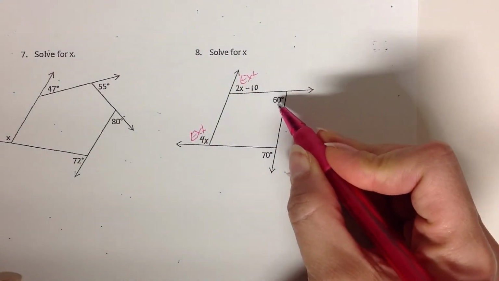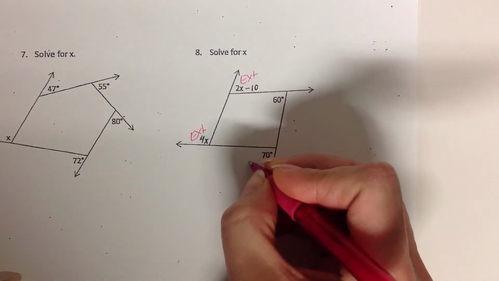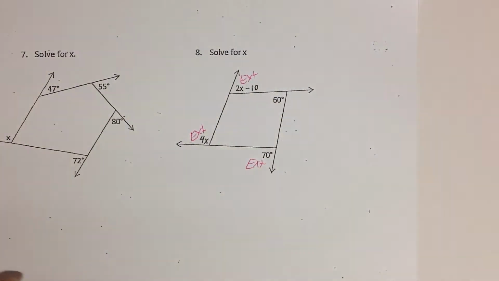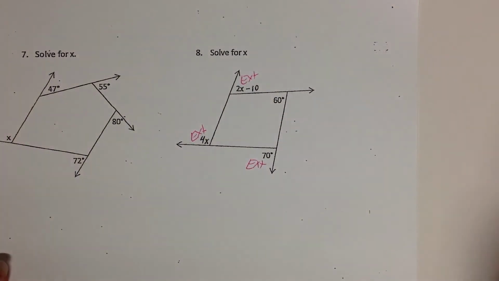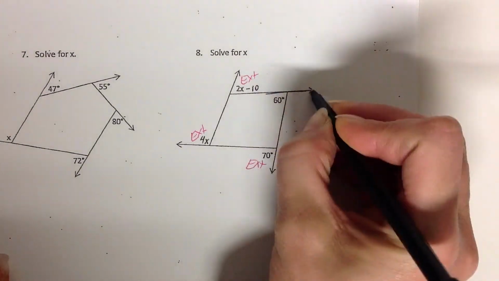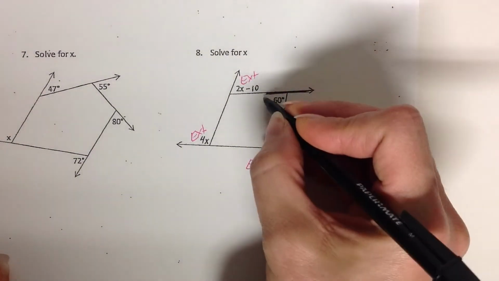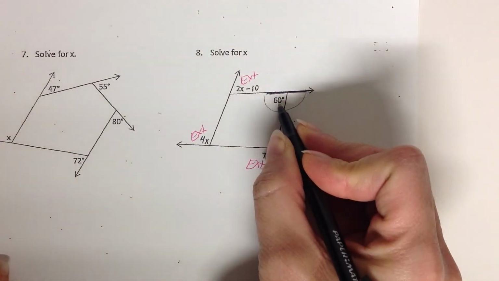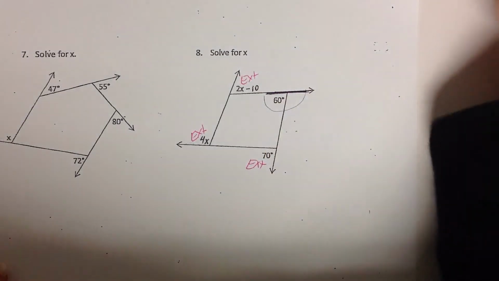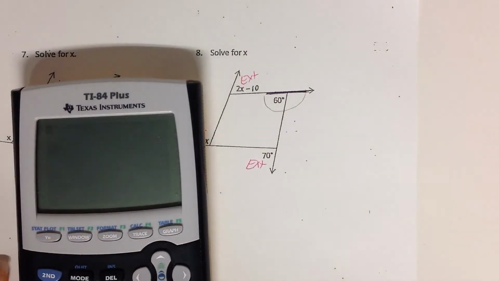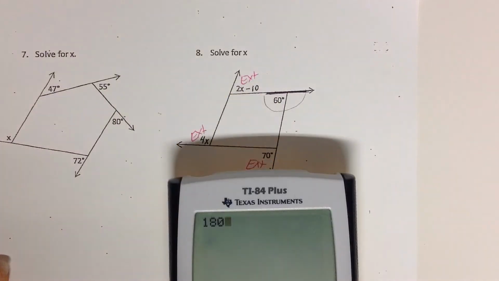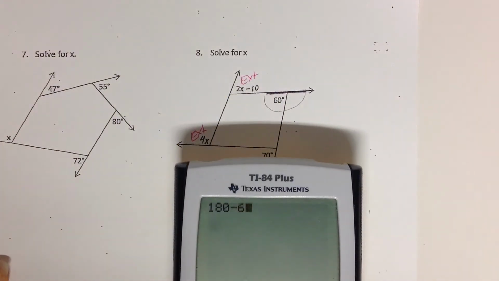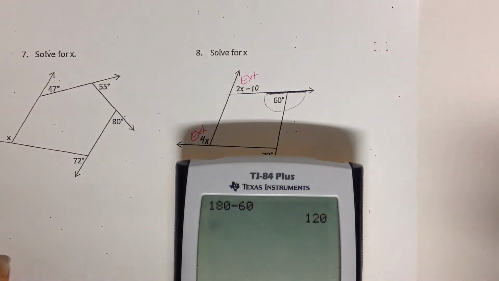Oh, that is not an exterior, but this is. So I'm seeing that 3 of these are exterior angles. And I can very easily use my linear pair here because the interior angle is 60. So I'm going to subtract 60 from 180 to get my exterior angle.